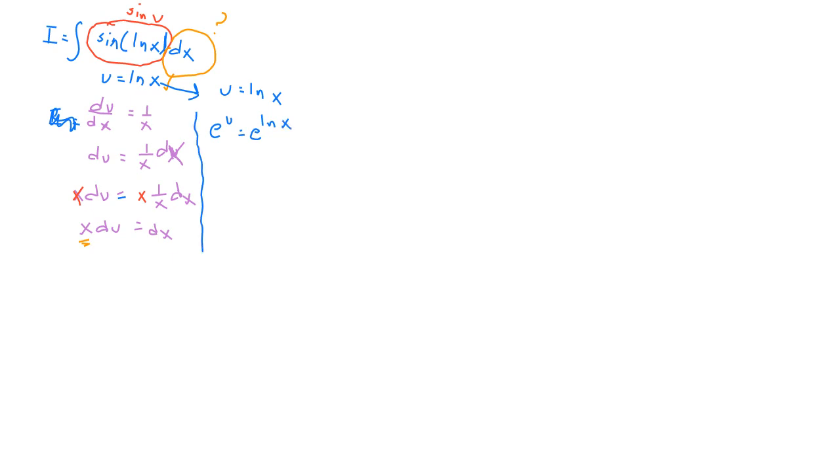And so that means e to the u equals x. And so now we know that dx is e to the u du. Sometimes it takes a little thought, but now our new integral is the sine of u times e to the u du. That's our new integral.